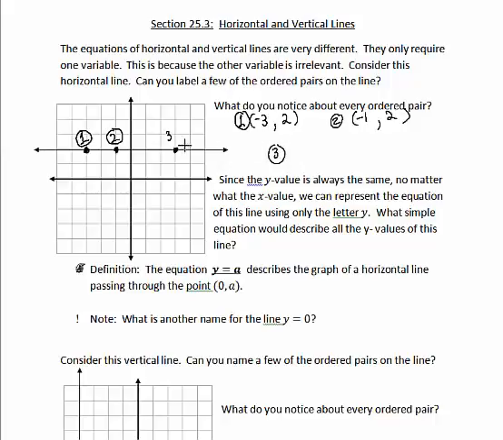Now, for the third point, we go up 1, 2 again, and then we go 1, 2, 3 to the right. So if you were to pick more points, you should notice that for this horizontal line, every y coordinate for every point on the line is 2. Y equals 2 always.